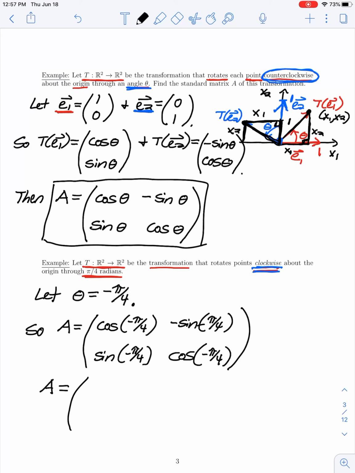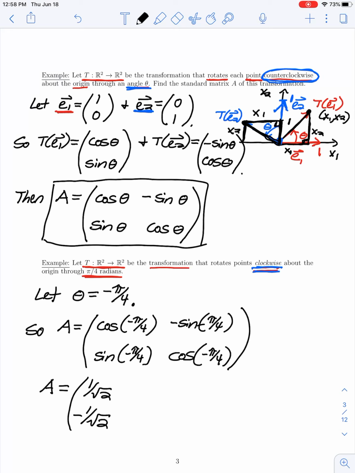Cosine of negative pi over 4, since cosine is even, is the same as cosine of pi over 4, which is 1 over root 2. Sine is an odd function, so sine of negative pi over 4 is negative sine of pi over 4, so that's negative 1 over root 2.